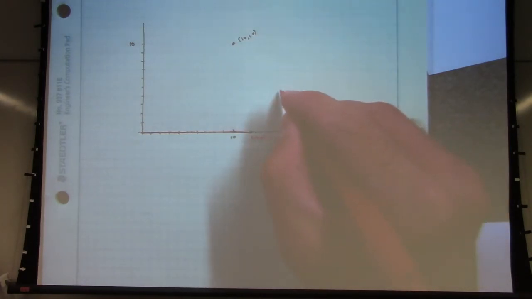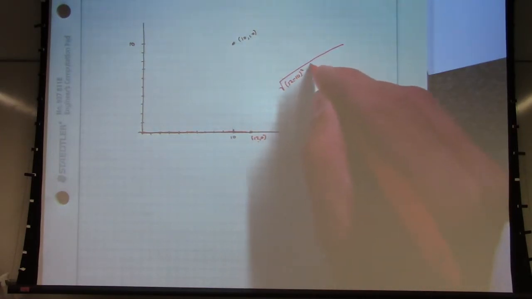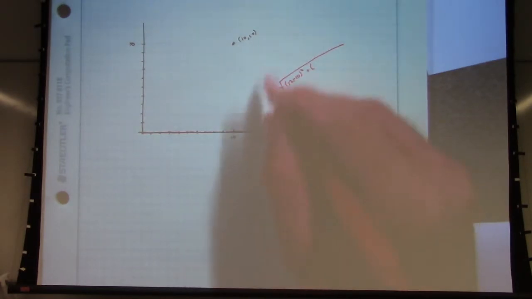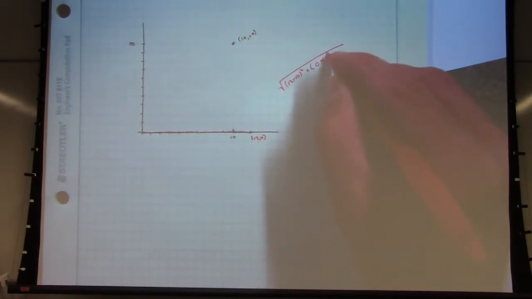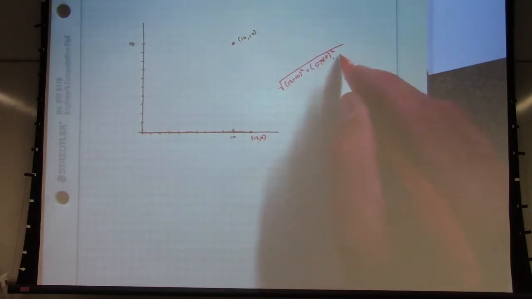So the distance then would be the square root of (12 minus 10) squared plus the change in y, which is 0 to negative 10, or 0 to 10.